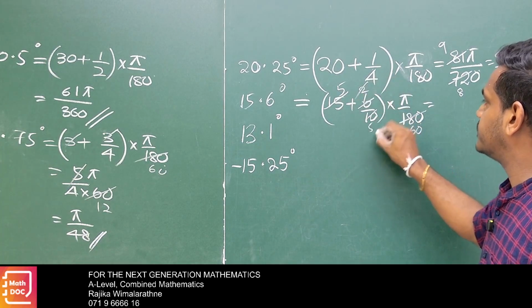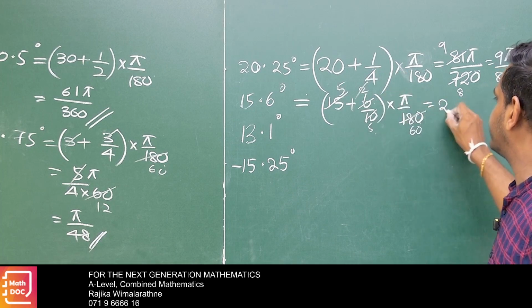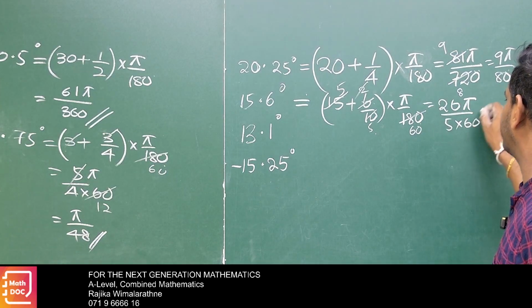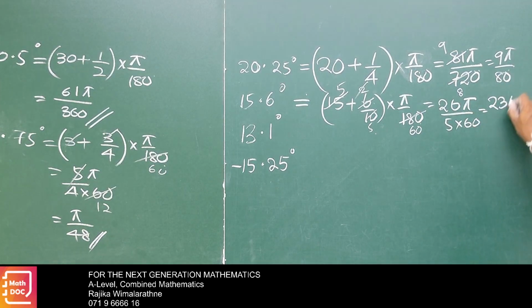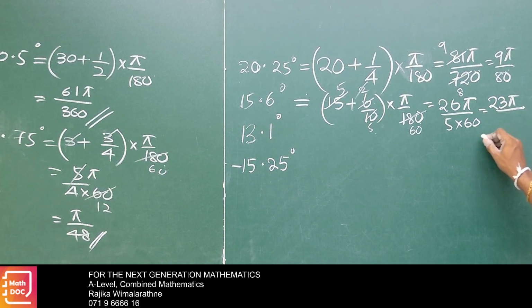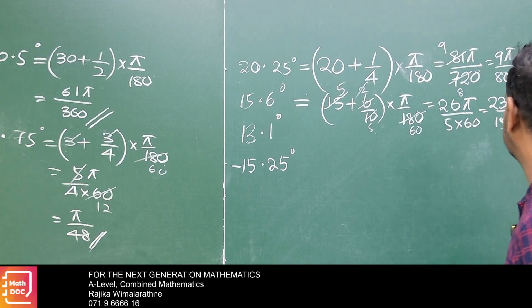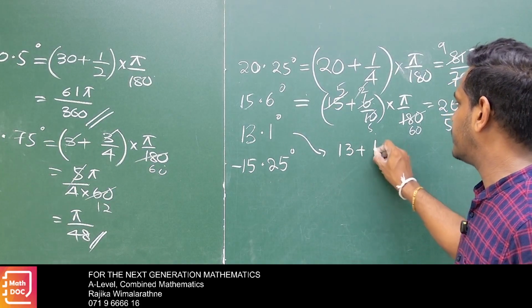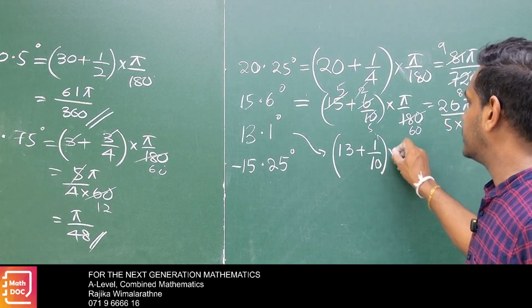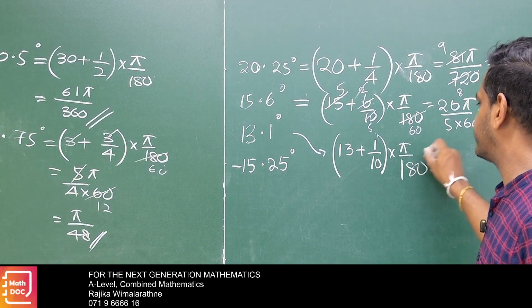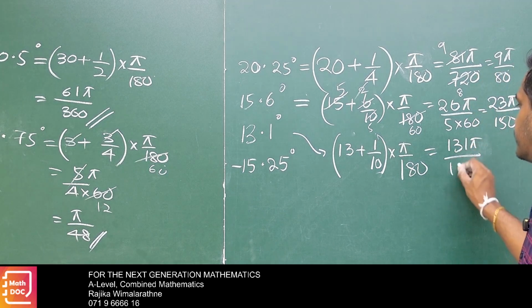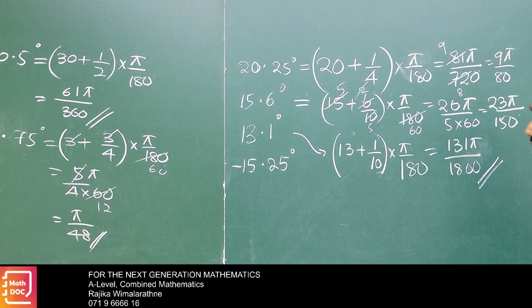Then here 1, 5. 25, 26. 26 pi divided by 5 times 60. Then 23 pi over 150. And 13.1, 13 plus 1 over 10 into pi divided by 180. 131 pi over 1800.